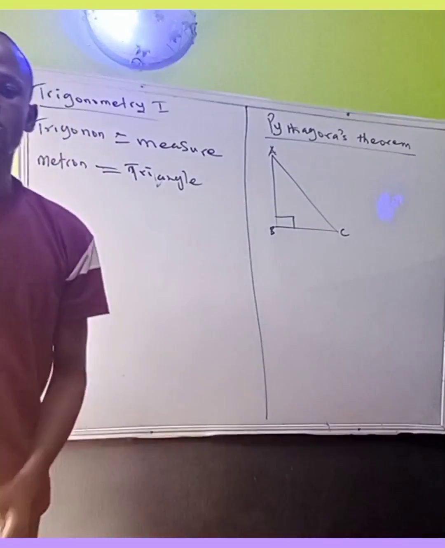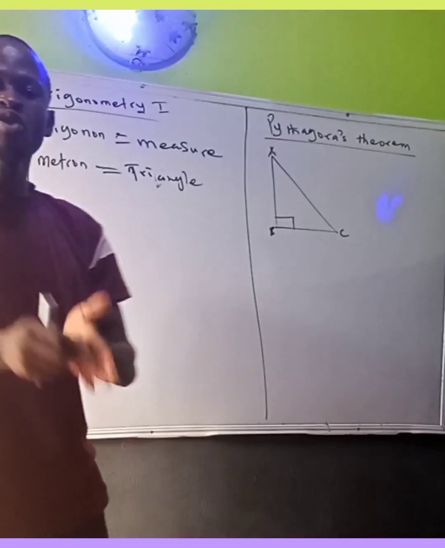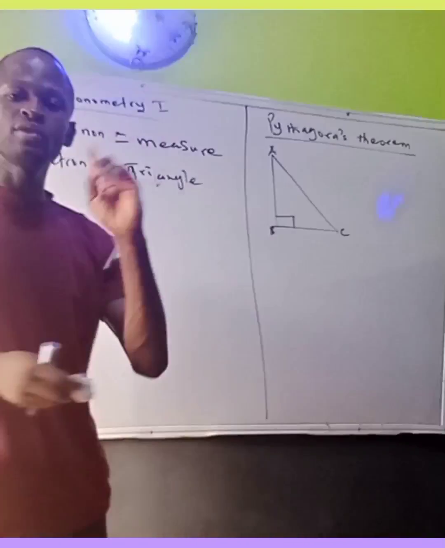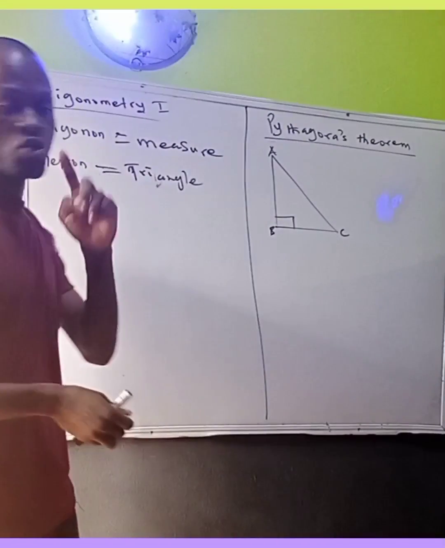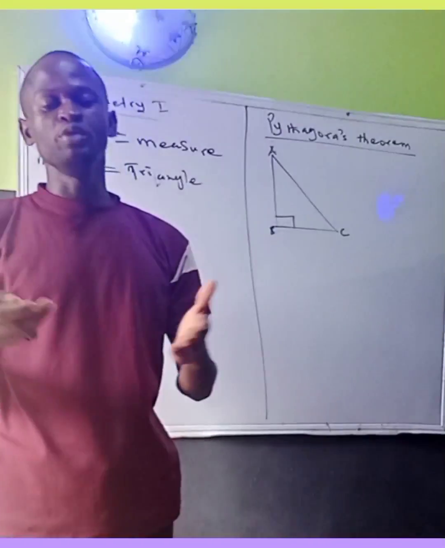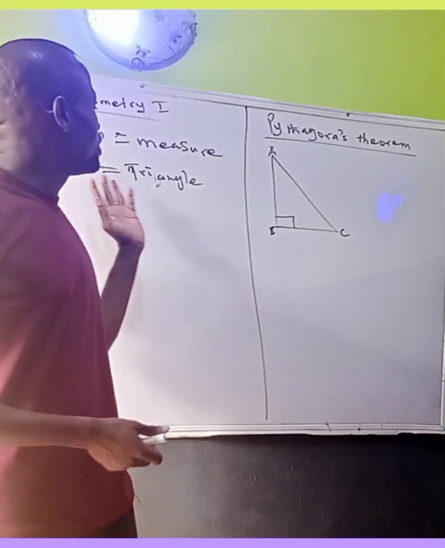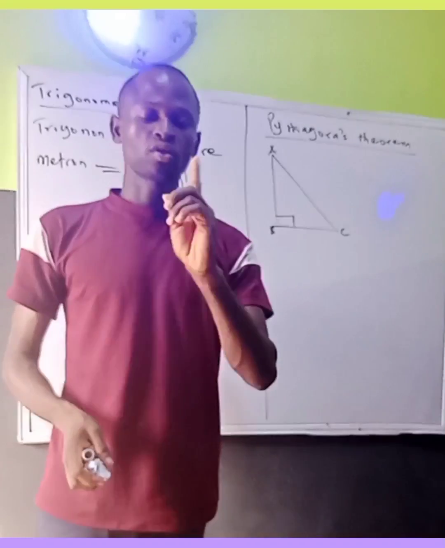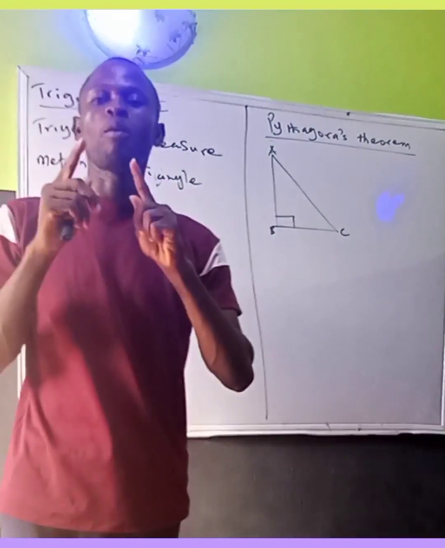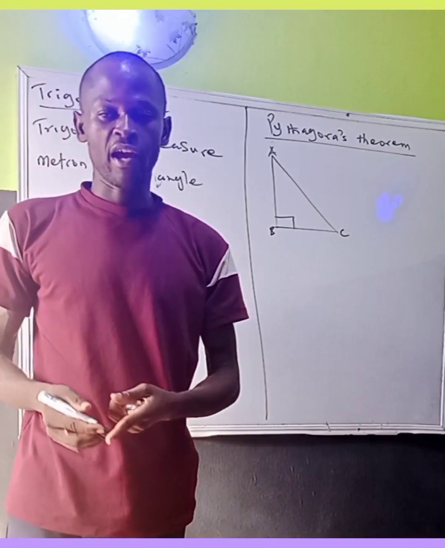So, what is trigonometry? Trigonometry is a branch of mathematics that deals with the measurement of angles of a particular triangle. Like other branches of mathematics, we have algebra, statistics, geometry. Trigonometry is a branch of math, but in trigonometry we are specific and we use one particular triangle, called the right angle triangle.